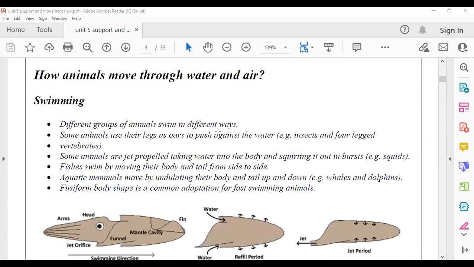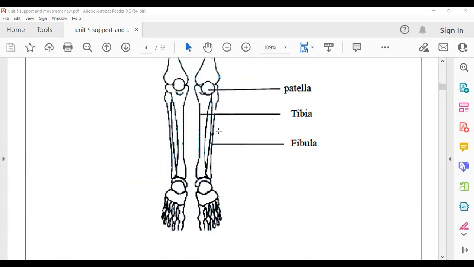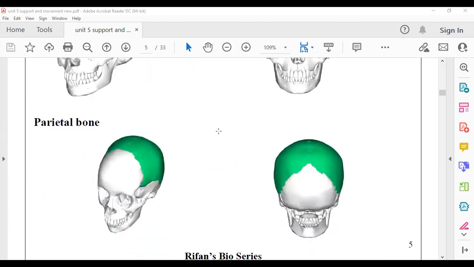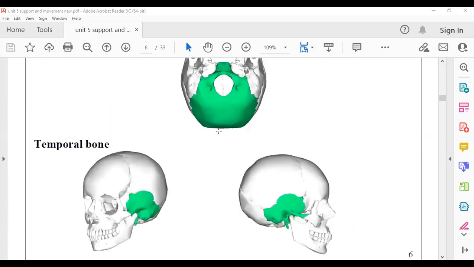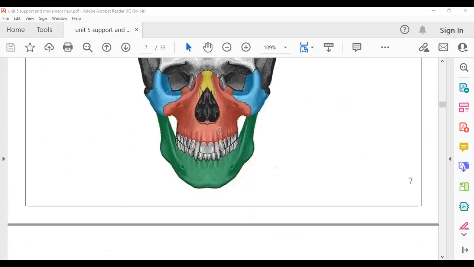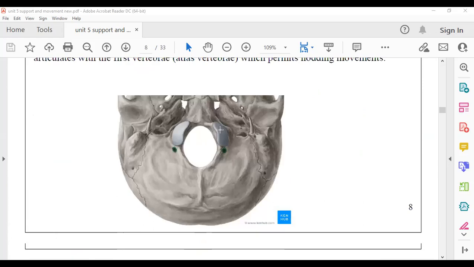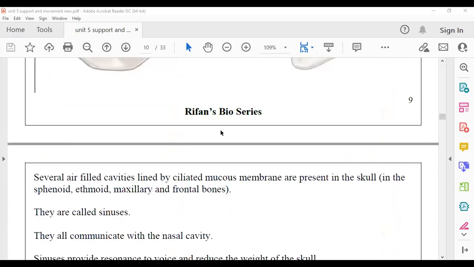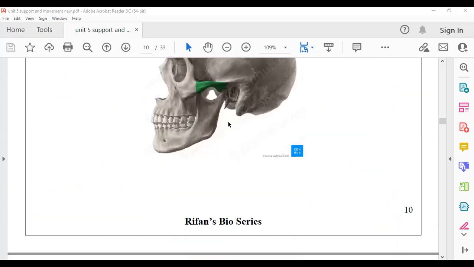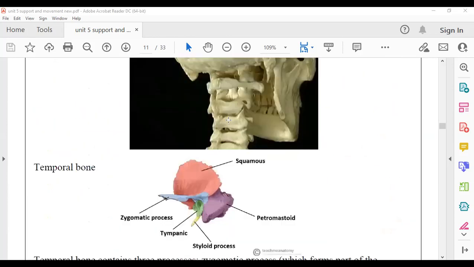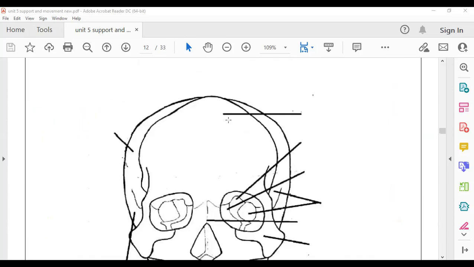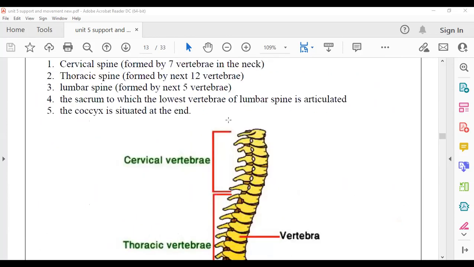For the last two classes, we are working on the human skeletal system. Yesterday, the lesson was completed up to the introduction to vertebra.